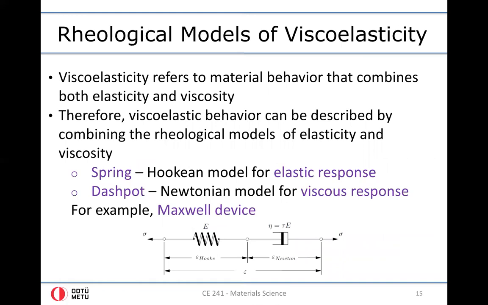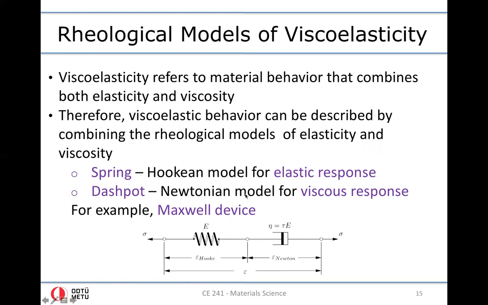Okay, so when you would like to mathematically model the viscosity or viscoelastic material response, what you need to do, in the first place, is to use rheological models. That is very representative, that is very intuitive, and the key rheological models used to model or describe the viscoelastic response are the Hooke element and the Newtonian element.